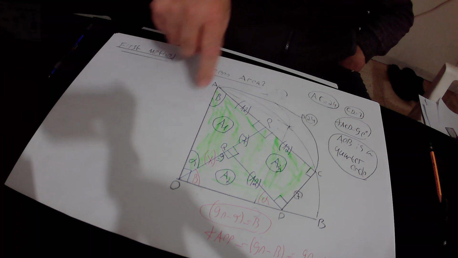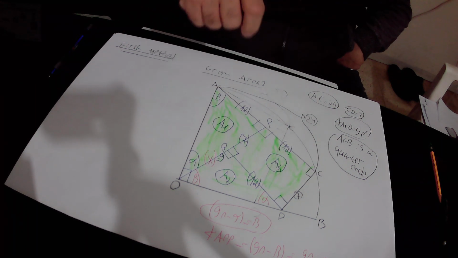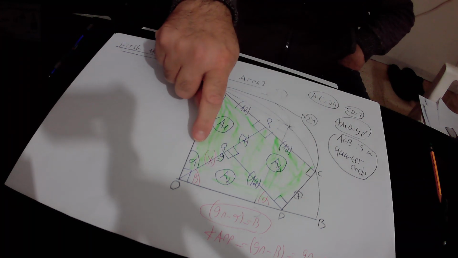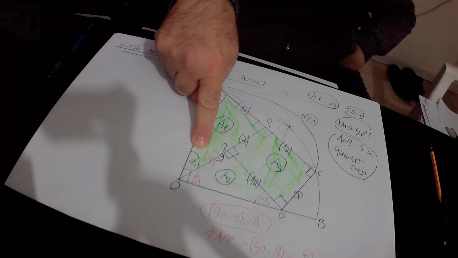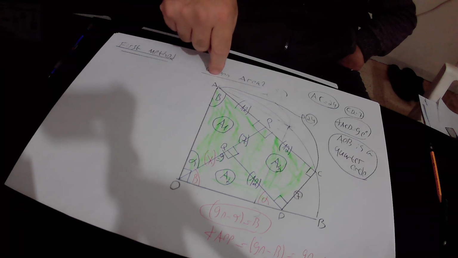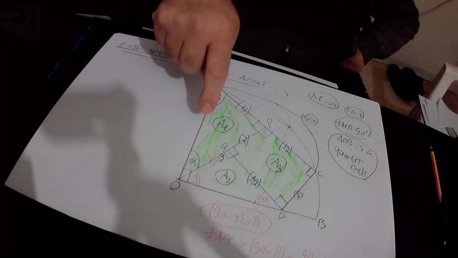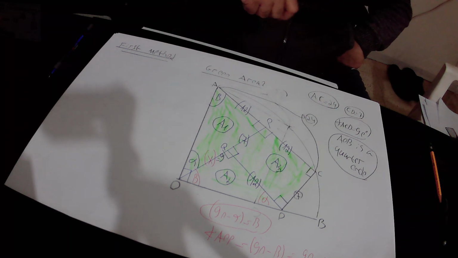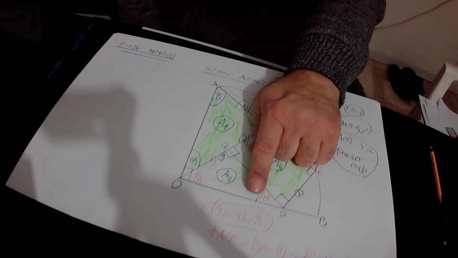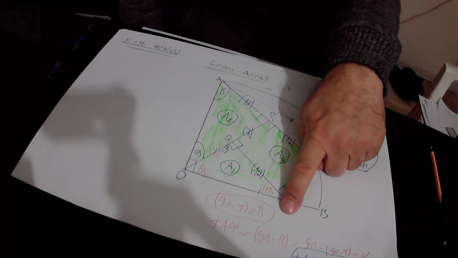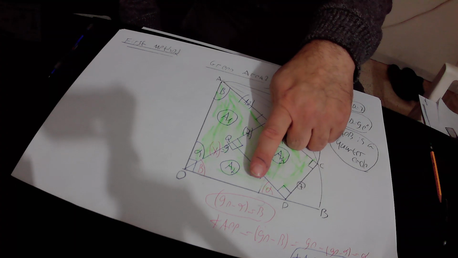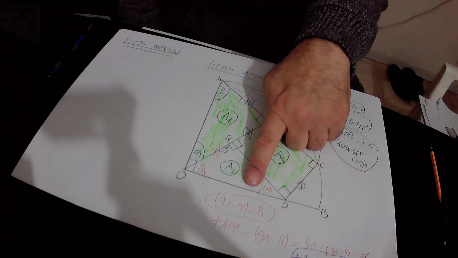We know that angle AOB equals 90 degrees. So 90 degrees minus beta must be equal to the missing angle here, angle AOP. Again, the big angle AOB, that is 90 degrees, minus beta must be equal to the missing angle AOP. AOP equals 90 degrees minus beta. But beta is 90 degrees minus alpha.